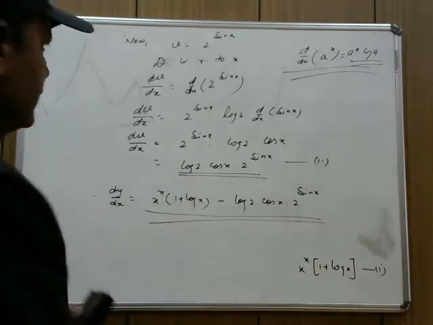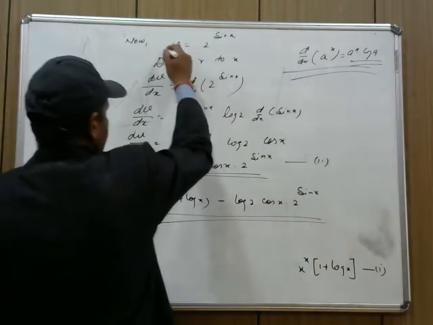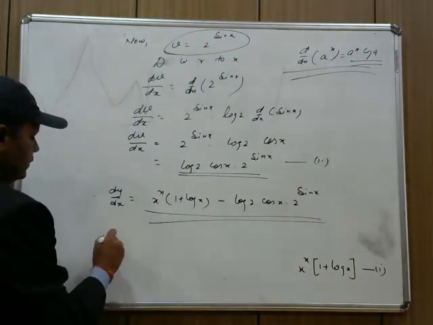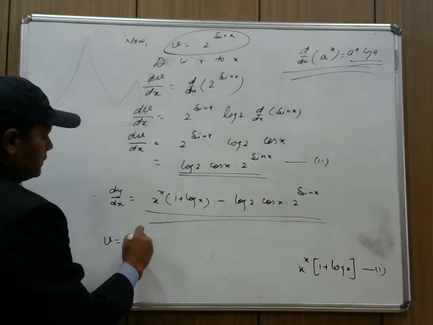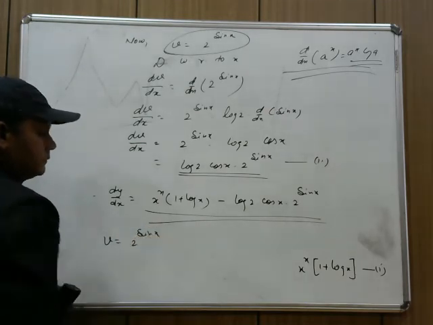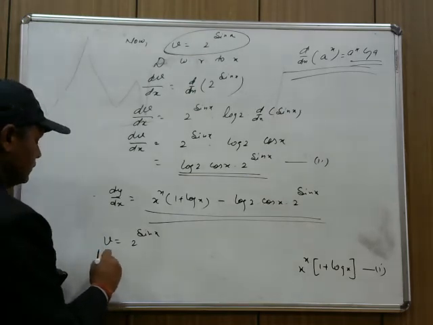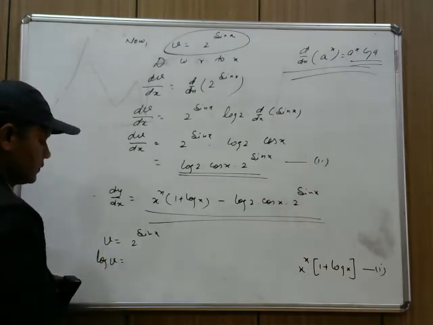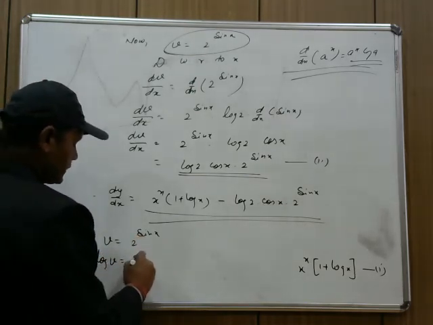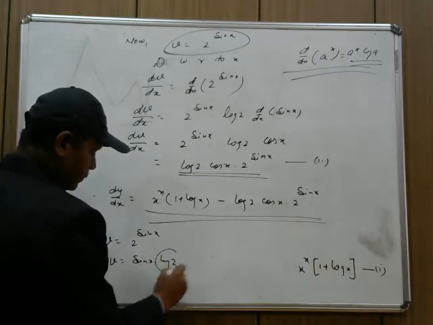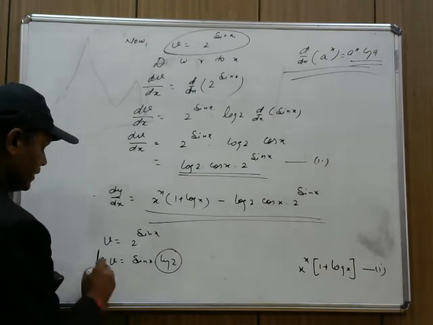Just 1 minute I will take. If I take this part like this, v is equal to 2 to the power sin x, and now take log on both sides, what will we have? Log of v is equal to sin x into log 2. Here log 2 is taken as a constant.